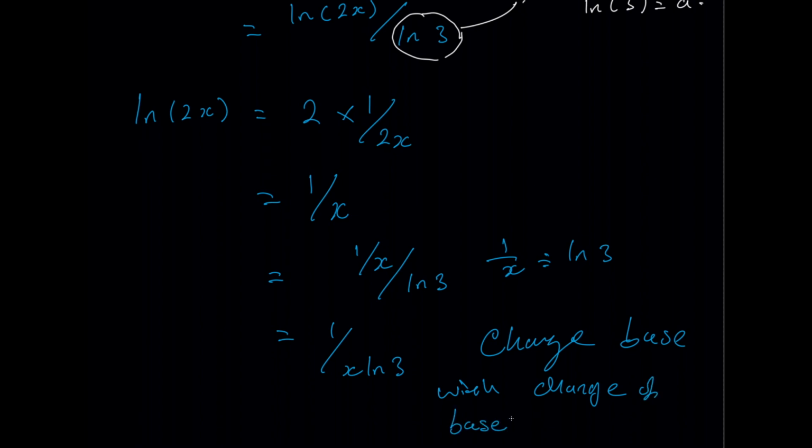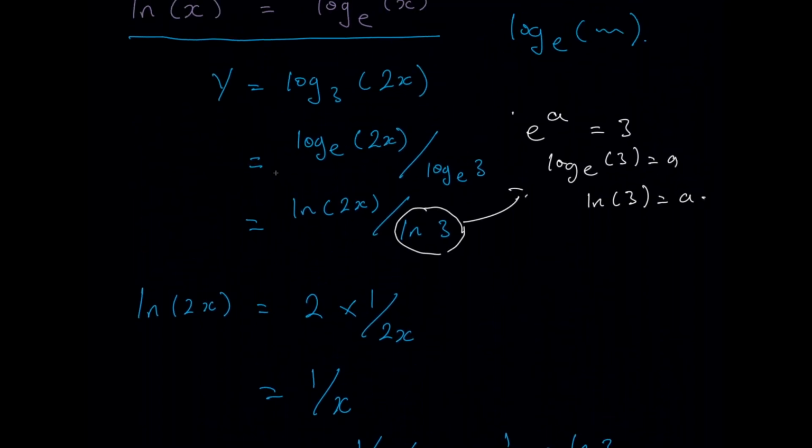Remember, the big thing goes on top, the small thing goes in the bottom. Change the base to e, and then you can just use the easy ln x relationship, and that is how we differentiate exponentials and logarithms.